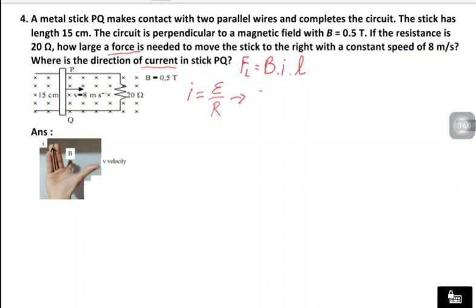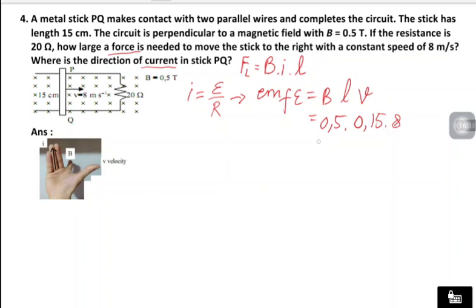E is B L V. Okay, B is 0.5 Tesla times L, the length of conductor PQ, is 15 centimeter changed into meter, times V, the speed, is 8 meter per second.